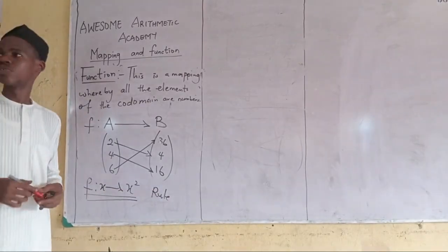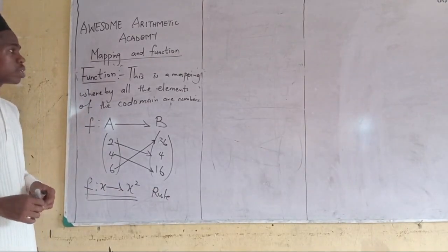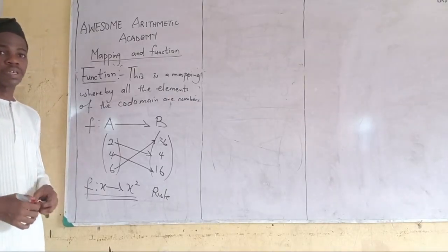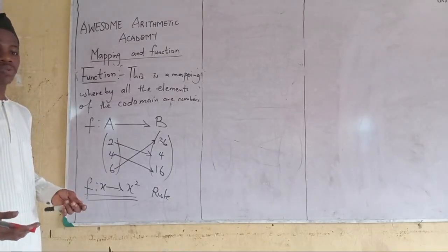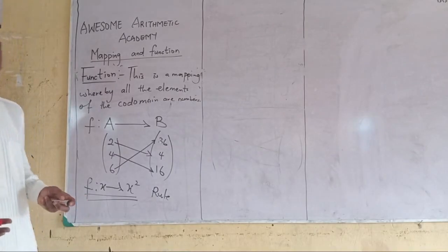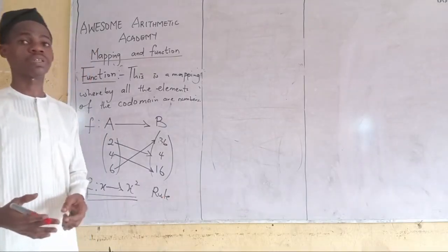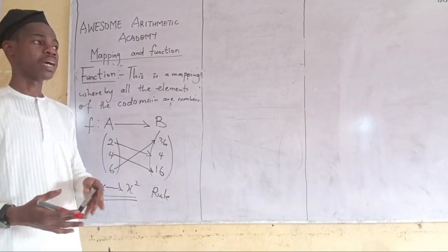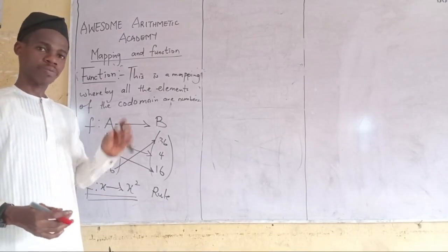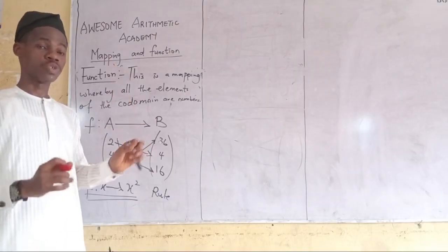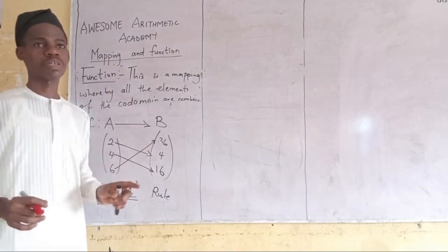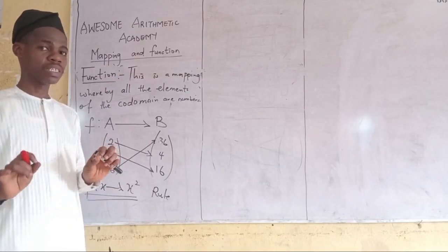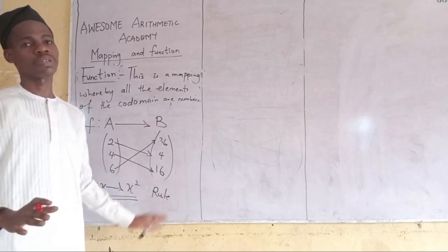Now let's move on to the types of mapping. As we said, we have the one-to-one and the onto mapping. One-to-one is saying what? It is a mapping whereby all the elements at the domain are having unique elements at the codomain, and all the images in the codomain are distinct elements of the domain.